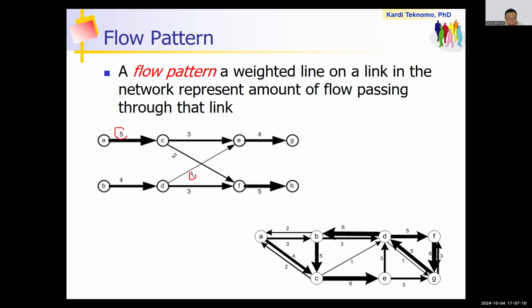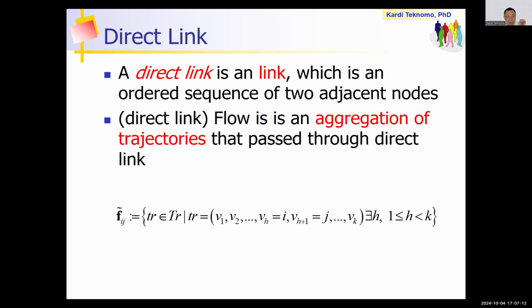Last meeting, we also discussed direct link and indirect link. By definition, a direct link is a link where there is an ordered sequence of two adjacent nodes, and based on that we can also create flow. Flow is basically direct link flow with an application of trajectory that passes through the direct link.